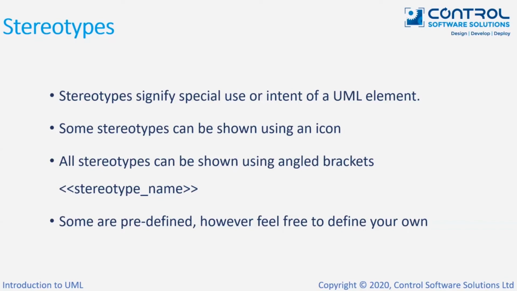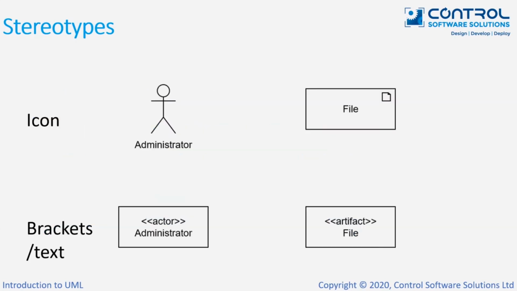You'll see these as we go through, and it will start to make a bit more sense what these are. But just two examples, so two different stereotypes represented in two ways: as an icon and as a bracket-and-text combination. I'm sure everybody's seen the little stick man that's maybe used in use cases. That is a stereotype.